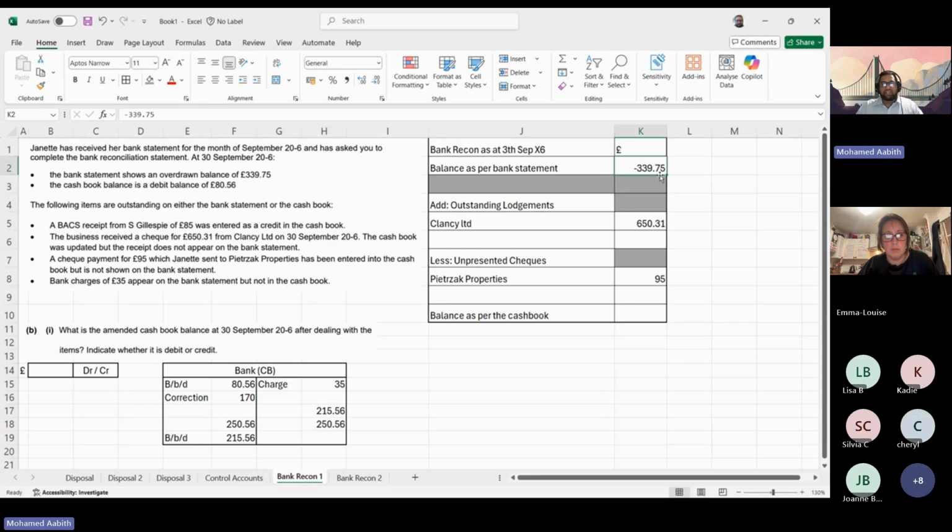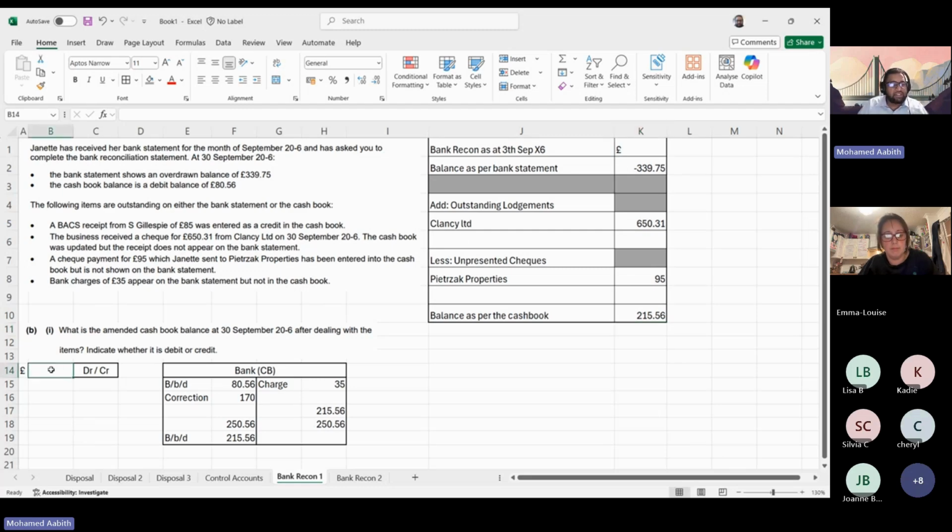And now, can you notice this? If I add and take this away, will my balance be this figure, 215.56? So let's find out whether we got it right or wrong. So let's see here, equal to this plus that minus that, equal to £215 and 56 pence. Like magic, the numbers are all matching now.